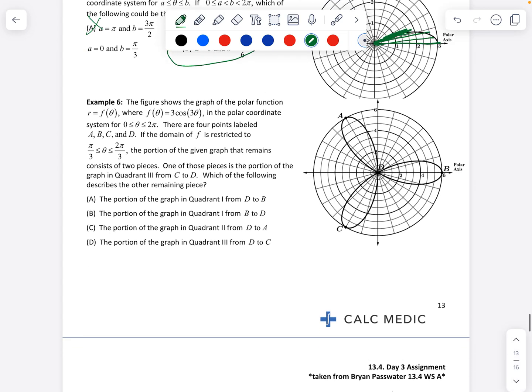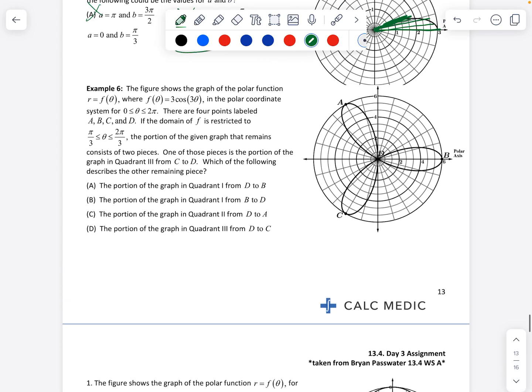Okay. And this next one here. Here's another graph. Again, I skim these and try to see what I think is important. The figure shows the graph of the polar function. So here's our polar function. There are 4 points labeled A, B, C, and D between 0 and 2 pi, so positive angles again. The domain is restricted to pi over 3 and 2 pi over 3.